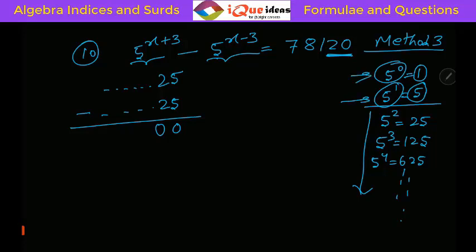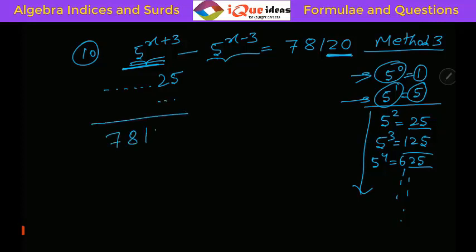Alright? I'll repeat in a different manner. We are saying that this 5 raised to the power x plus 3 is definitely going to have 25 in the end because it is a large power. But 5 raised to x minus 3 has to be such a number that after subtracting, we should get 78120. That means we should get 20 here. So by looking at this, you can be sure that in place of the second number, we will have something that has 5 in it.